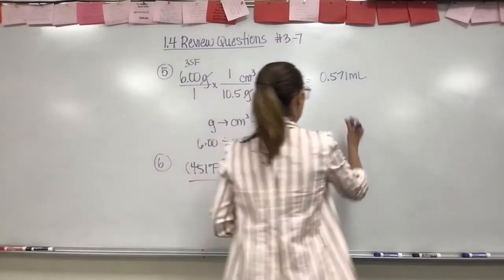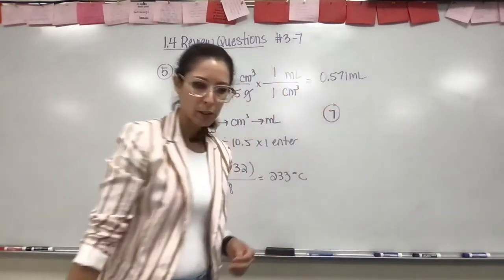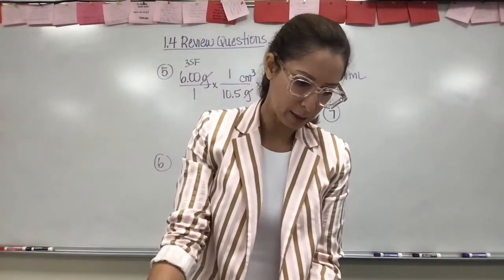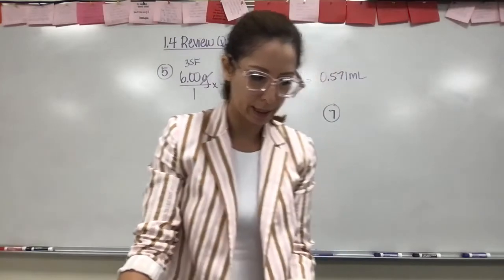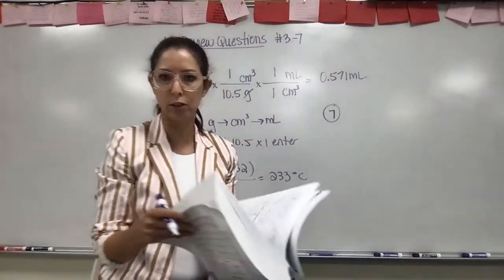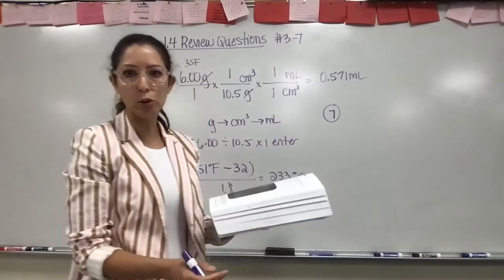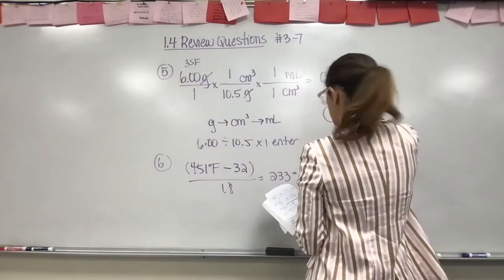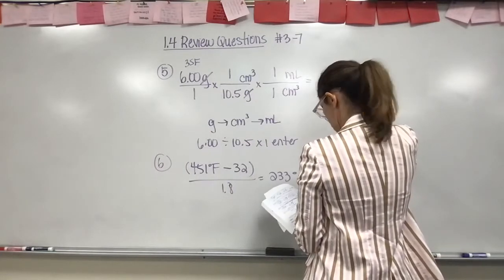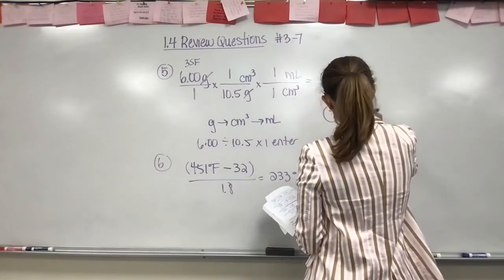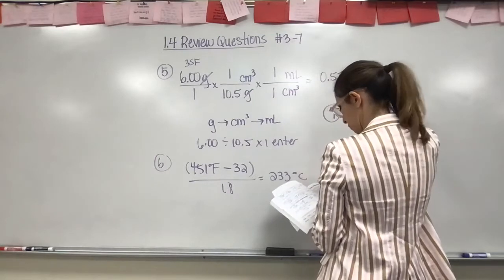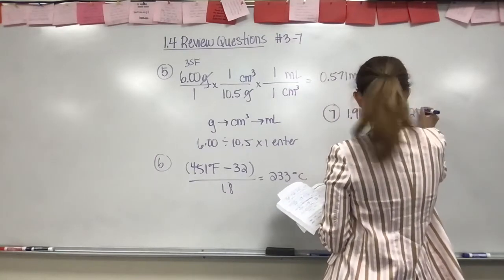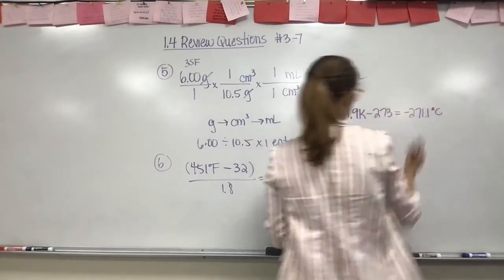Question number 7. It says that we've got a 1.9 Kelvin temperature. We're going to convert this into degrees Fahrenheit. So there's no direct conversion. So if you take Kelvin, which is 1.9, and you subtract 273, that's going to give you negative 271.1 degrees Celsius.